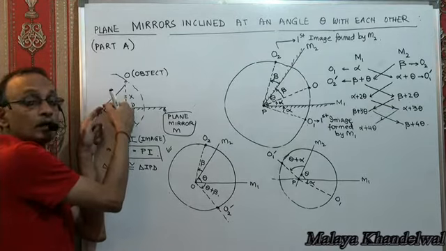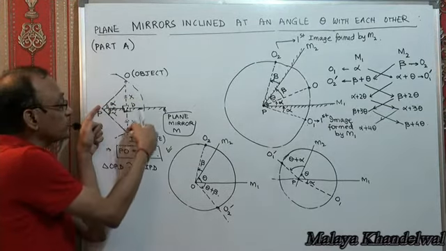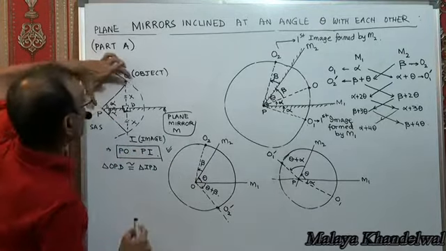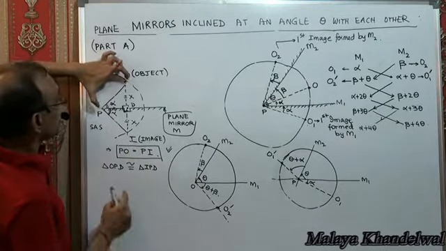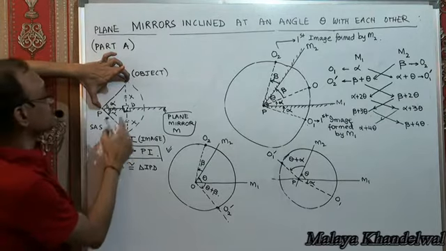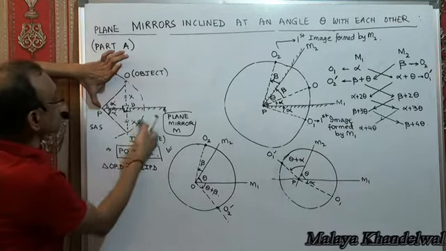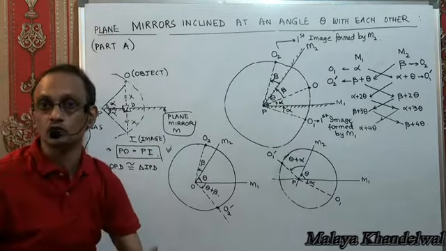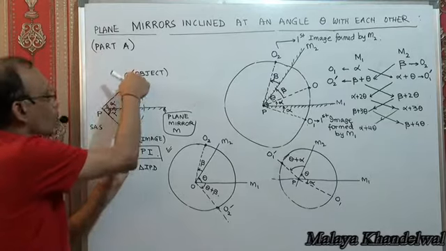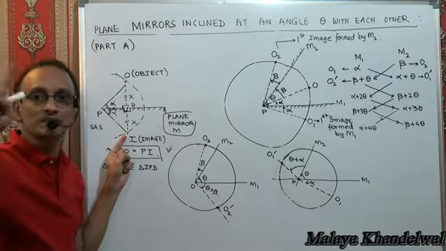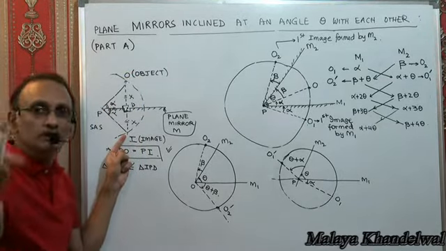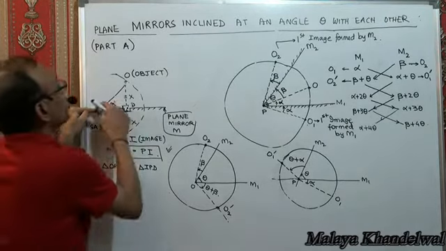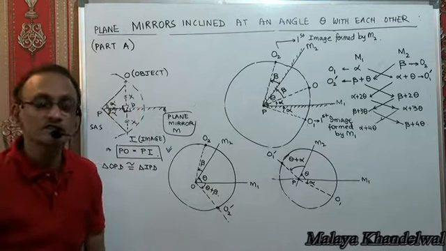With P as the center, and OP or PI as the radius, I could have drawn a circle passing through O and I. Yes or no? That means the object and its image both lie on the same circle with center P, where P could be any point on this mirror. Yes or no?